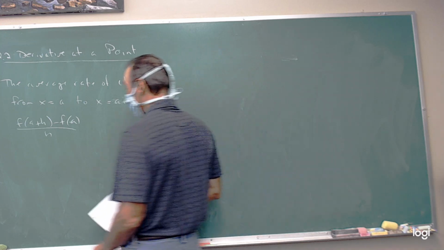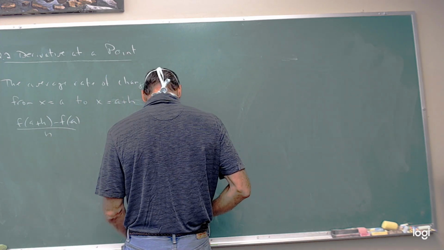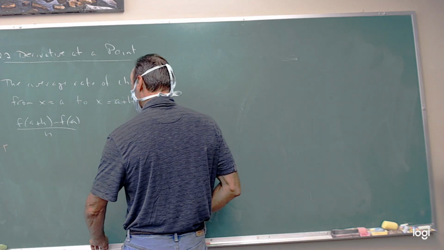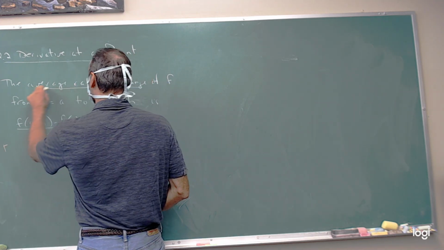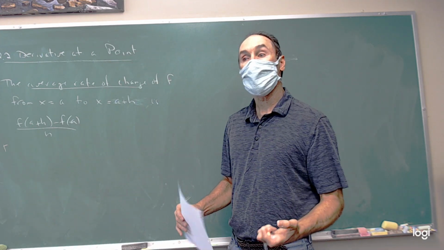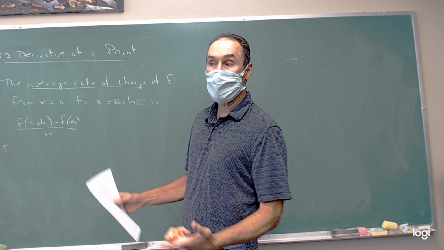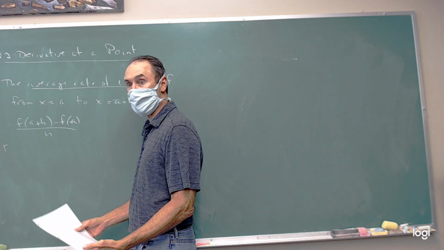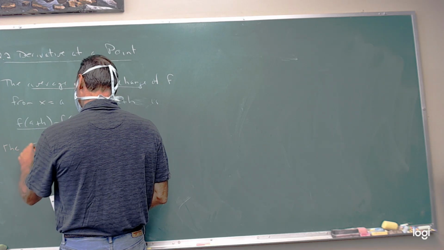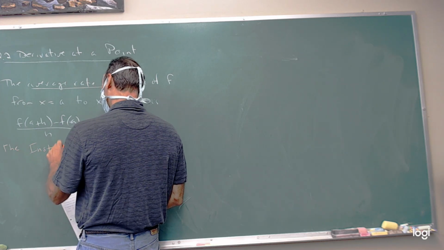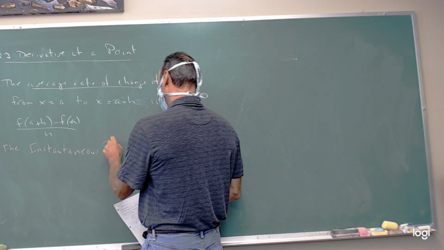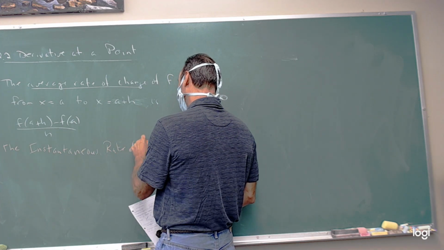So the instantaneous rate of change, I'm going to change the color for this. So this was average rate of change here. Notice on the average rate of change, there is no limit. It may seem like a little thing, but it's huge conceptually. So the instantaneous rate of change, and these are the problems.